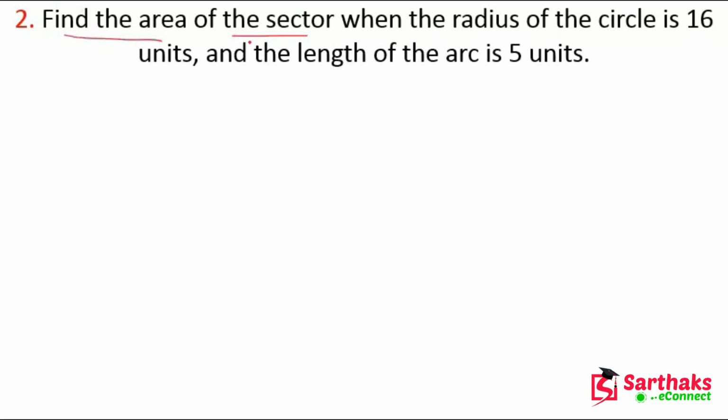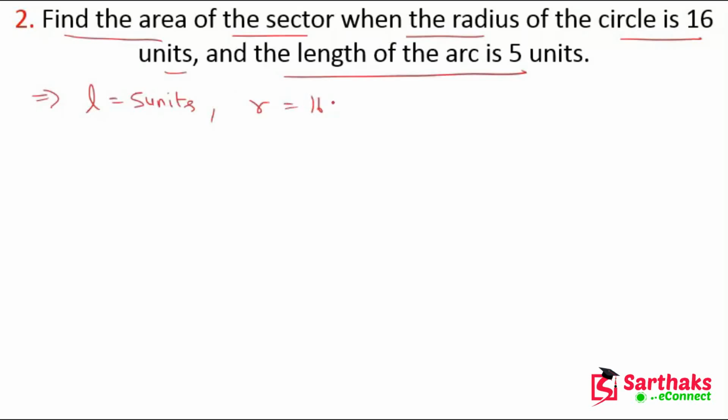Find the area of the sector when the radius of the circle is 16 units and the length of the arc is 5 units. Now in this case, we know that area is equals to L r upon 2.